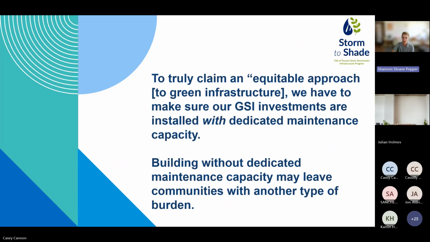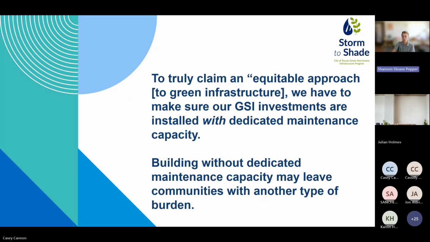If we don't make sure that someone in your system has the capacity to maintain these structures, what can happen is that they can place undue burden on the neighborhoods that have this infrastructure installed that then maybe fails or is non-functional. So maintenance planning and consideration is also making sure that your green infrastructure program is fair and equitable to the community that you're installing it in.